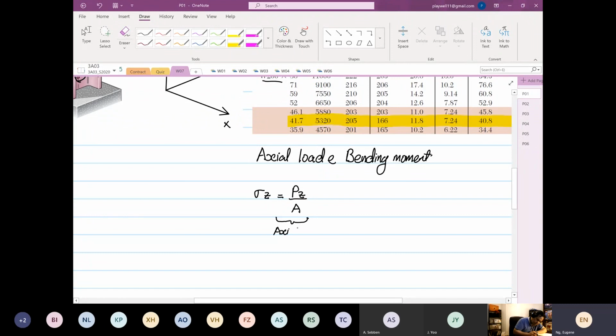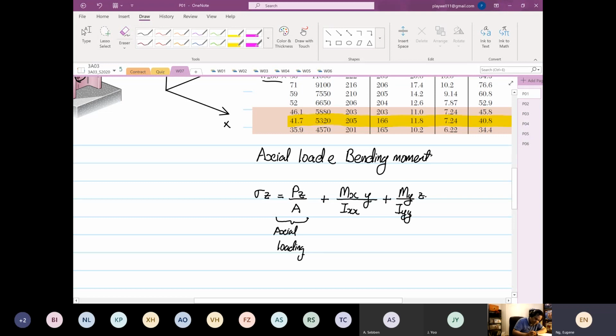Then we have plus Mx over Ixx multiplied by y, plus My over Iyy multiplied by x. Sorry, this is x, and these are due to your bending moment.